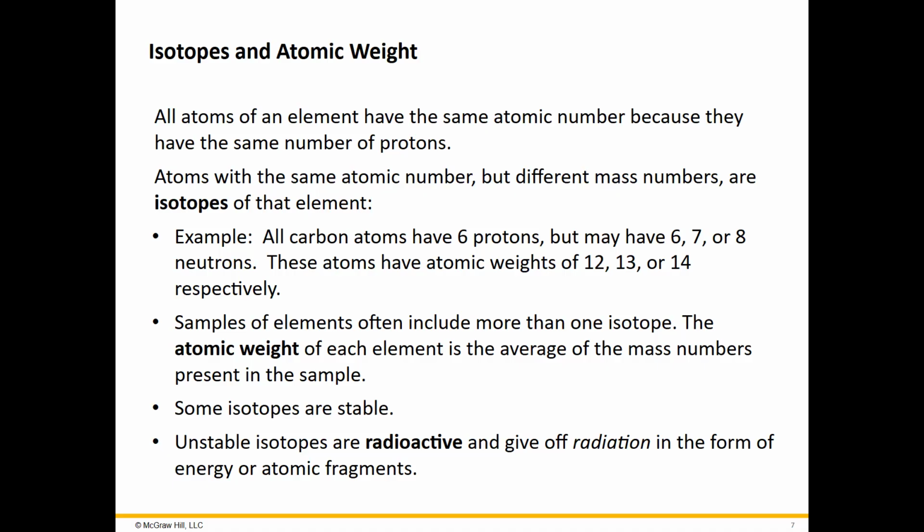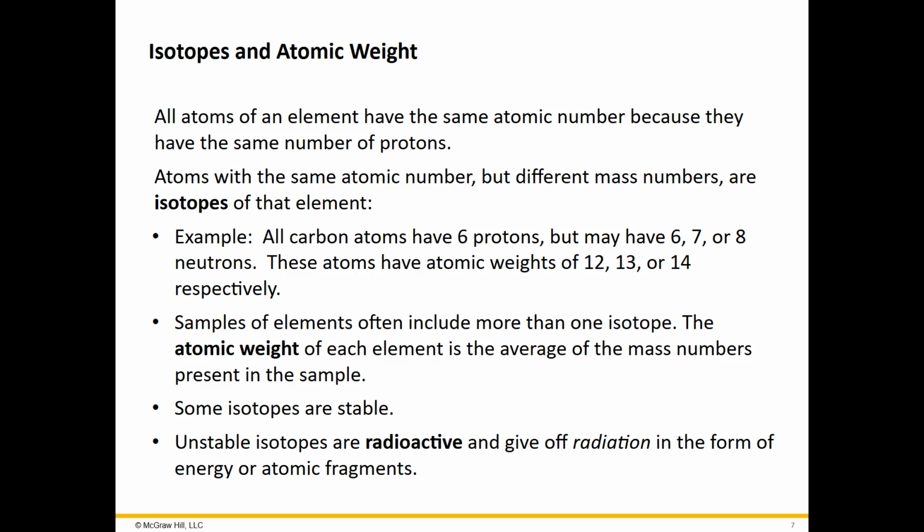It is different from the atom of carbon that has 6 protons and 6 neutrons. Same as if it had 8 neutrons, right? So the atoms of carbon that weigh 12, 13, and 14, as far as the atomic mass goes, are different isotopes of each other.